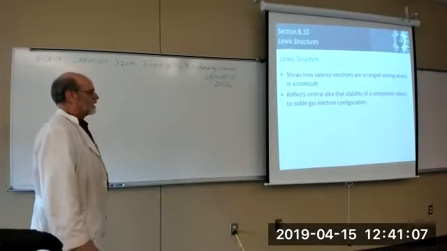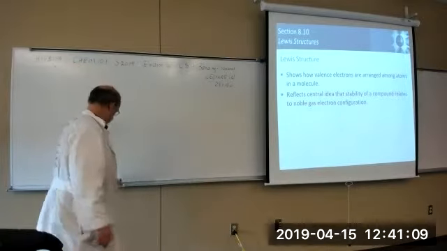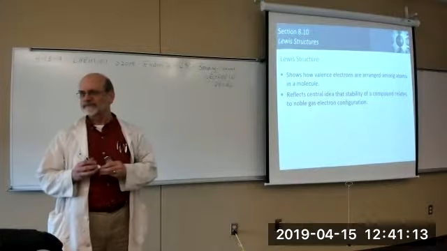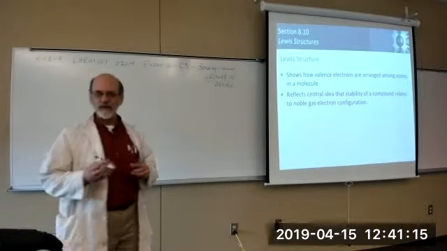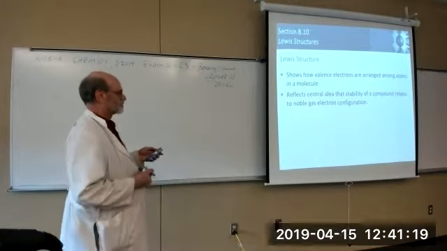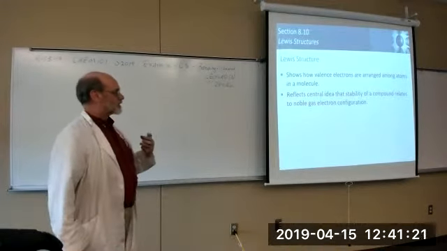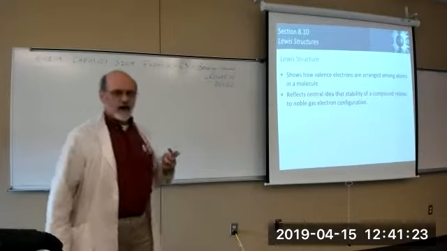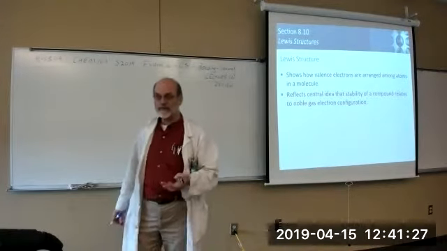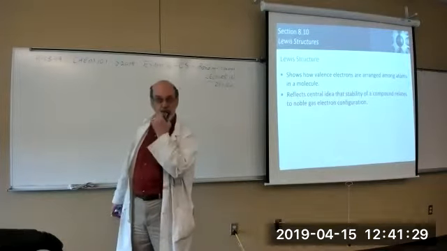Okay, the Lewis structure. Did I not describe Lewis structure at all? Okay, no, okay. I'll just assume that I haven't. The Lewis dot structure is based upon the Octet Rule. Some of you may have heard of the Octet Rule, especially if you've had anatomy and physiology.